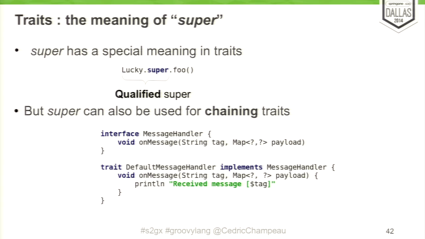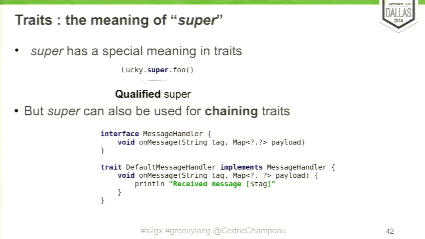So this leads to the meaning of super in traits. The basic is that lucky.super.foo calls the method foo from the lucky class. This is the very basic meaning of super. But actually, in traits, you have another meaning for super, which can be used to define new APIs, chaining APIs.